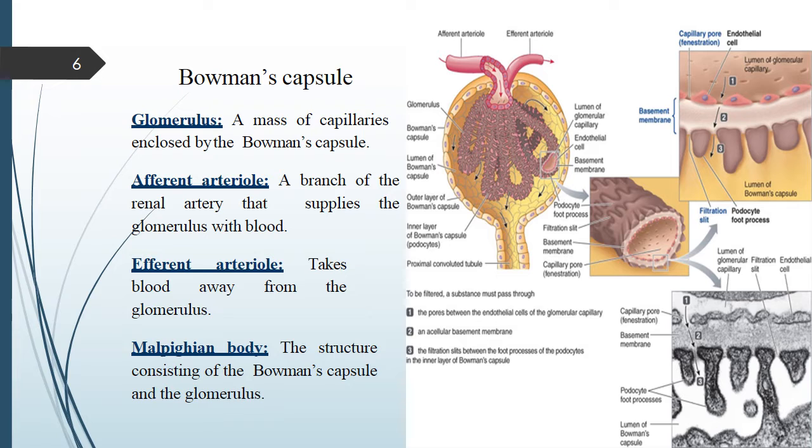Number 1 denotes the pores between the endothelial cells of the glomerular capillaries, and the pinkish colored cells are the endothelial cells, and the spaces between them are the pores between the endothelial cells. Number 2 denotes an acellular basement membrane, and number 3 denotes the filtration slits between the foot processes of the podocytes in the inner layer of the Bowman's capsule.